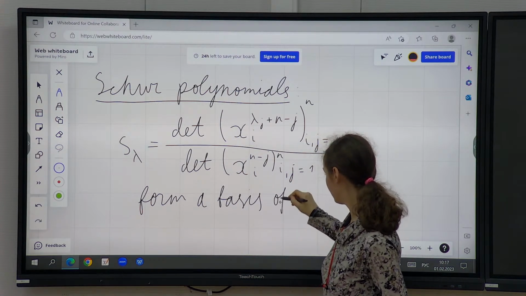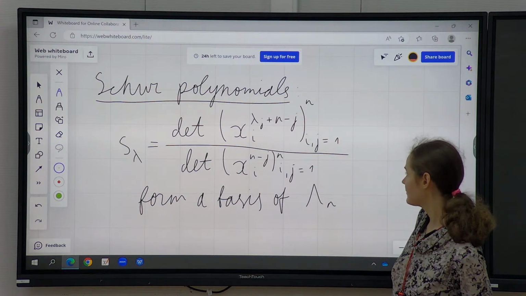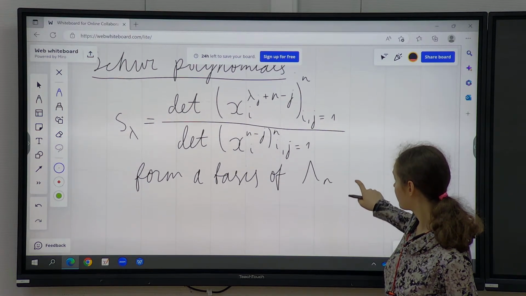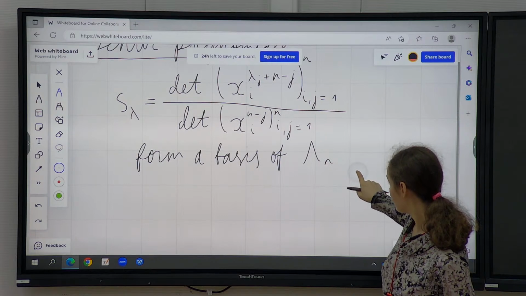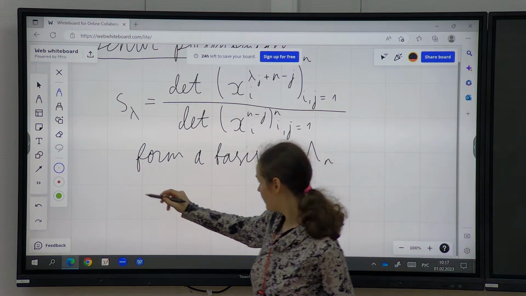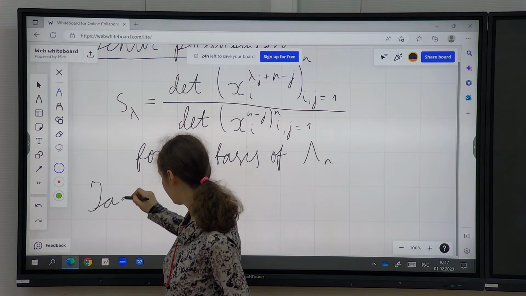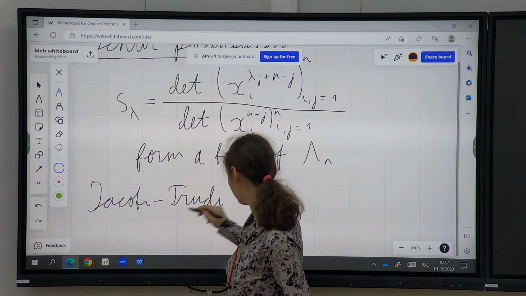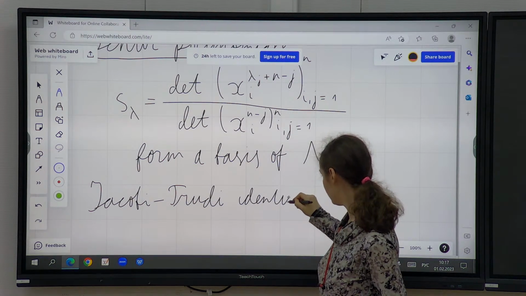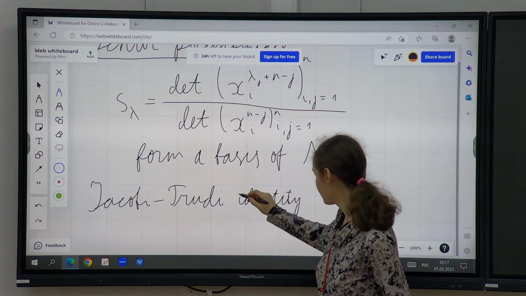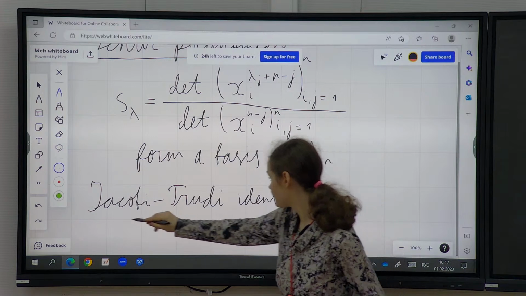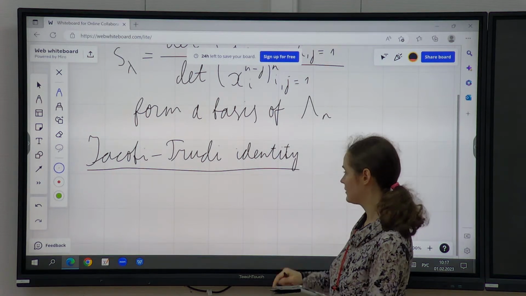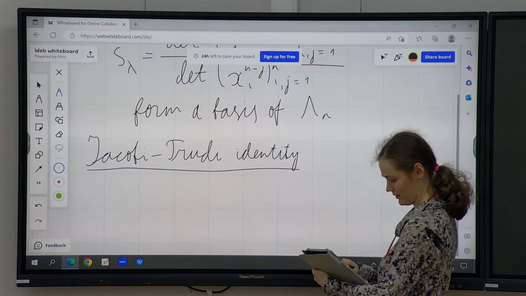Basis, s lambda. Then we proved the Jacobi-Trudi identity. That's the first one. That allows us to express Schur polynomials via complete symmetric polynomials.